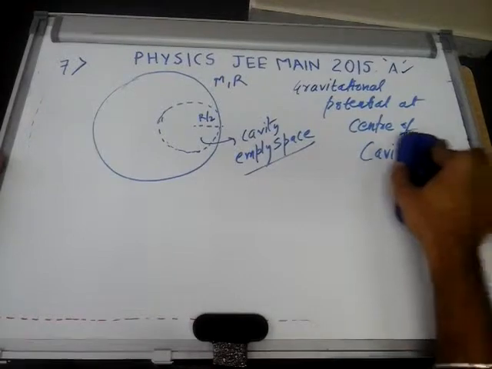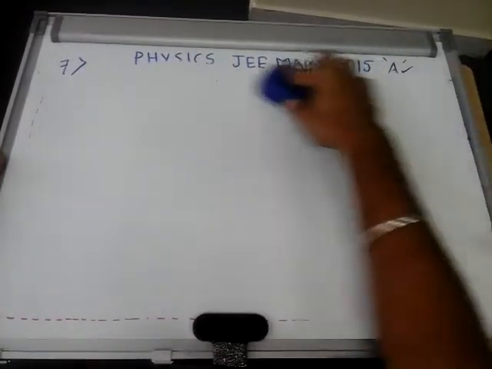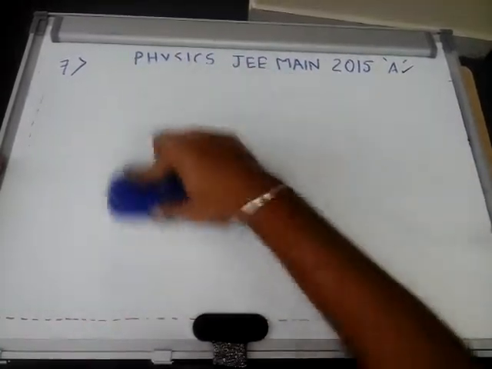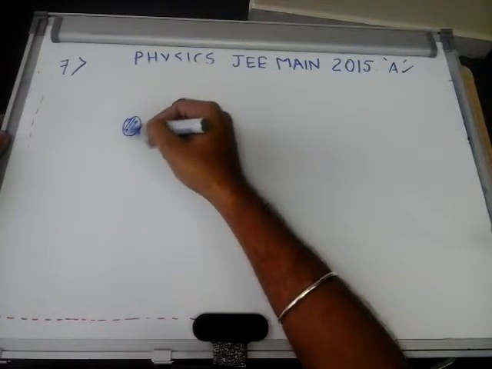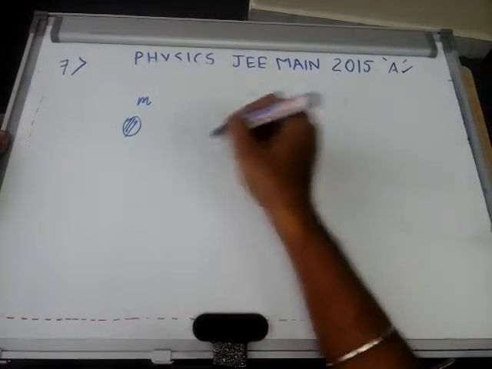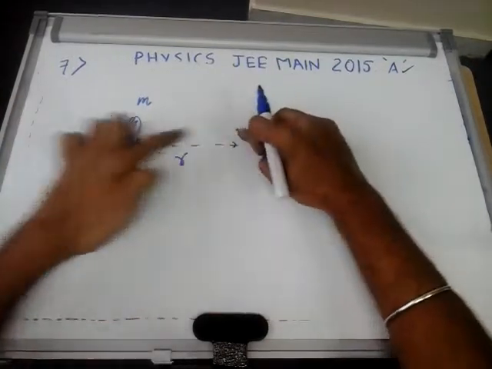Let me start with how potential changes as we move away from any mass object. Suppose I have a mass object m at a distance r. What is gravitational potential at a distance r?